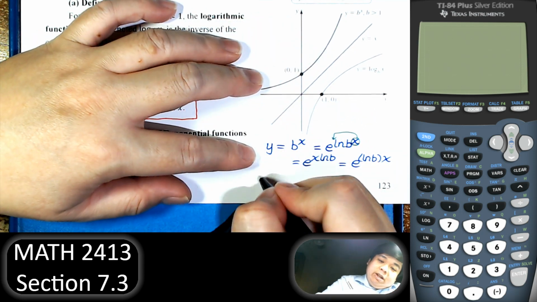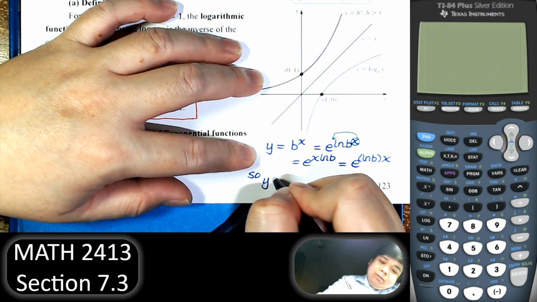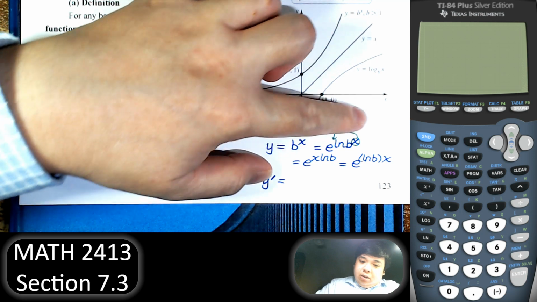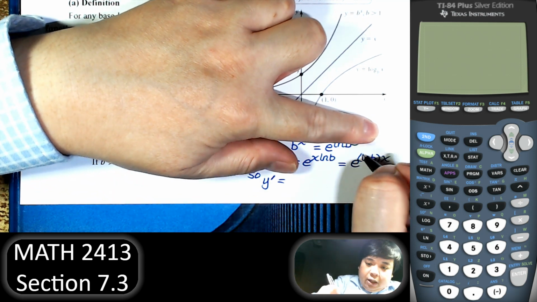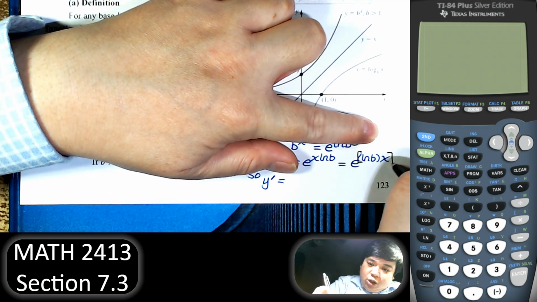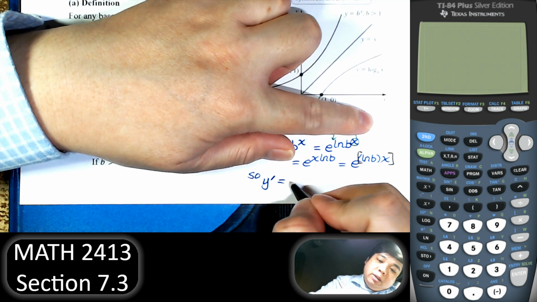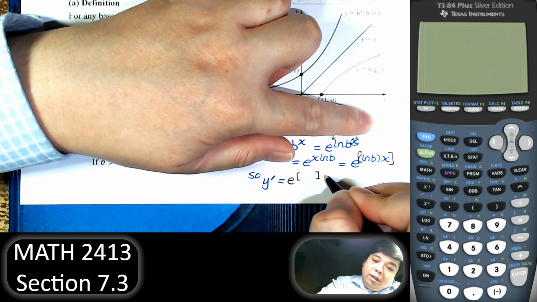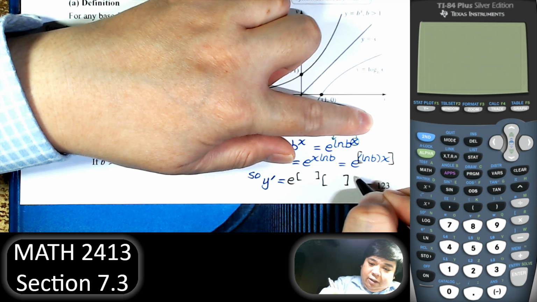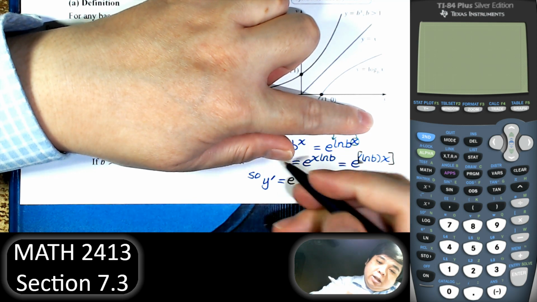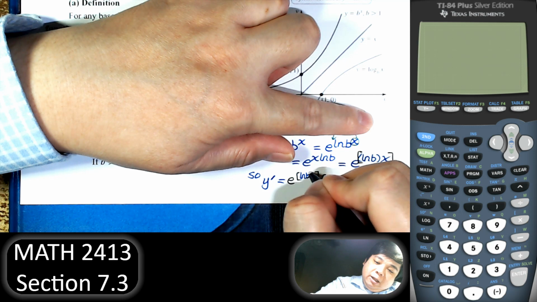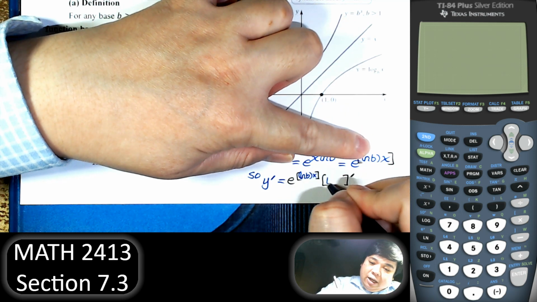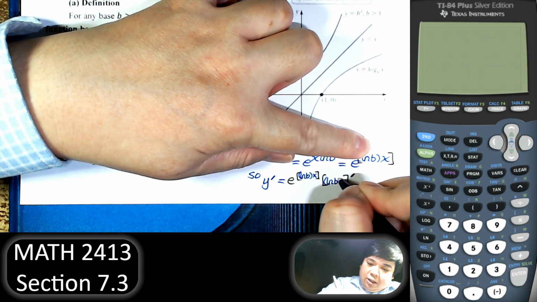Then we take the derivative. By the exponential rule, it's e to the same thing, times the derivative of the exponent, so ln of b times x.